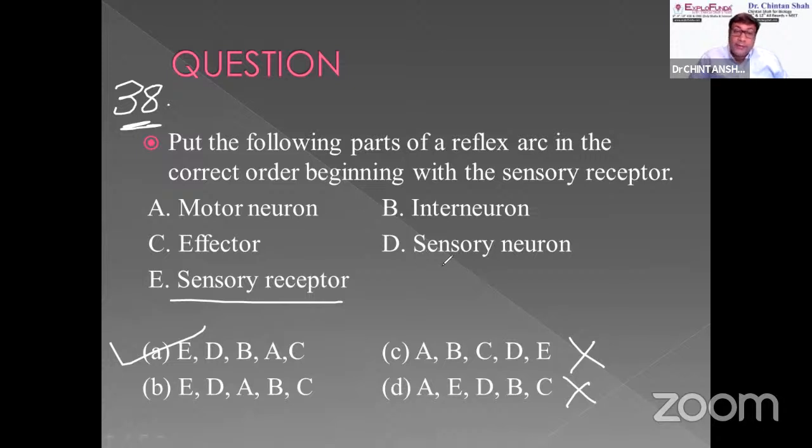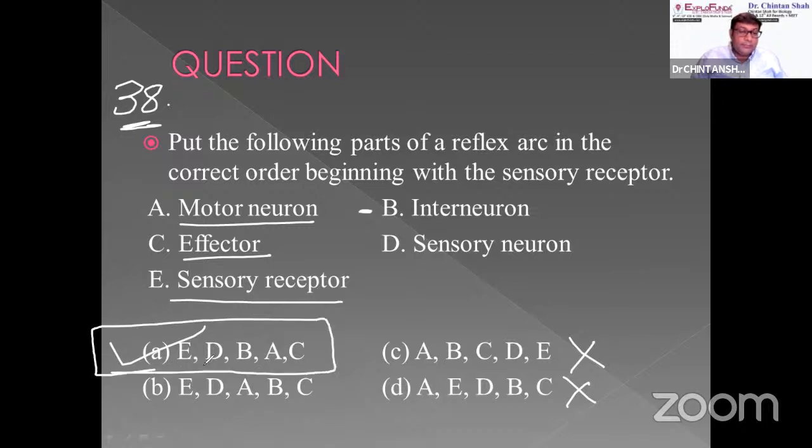Then after it will go to the interneuron, first of all, beta. Interneuron will go for the understanding and interpretation of the message, and then after it will give some order to the motor neuron. So this is the right answer.